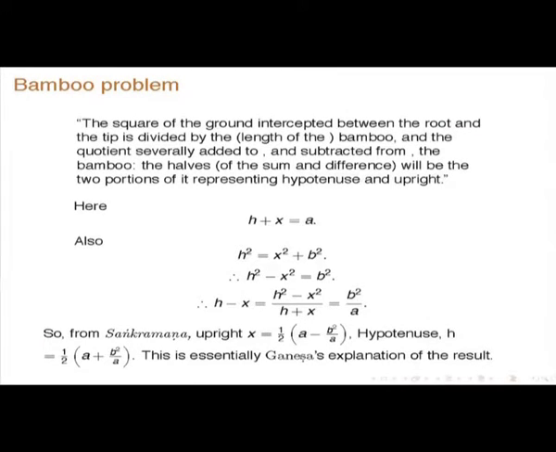So, h minus x is (h squared minus x squared) by (h plus x), that is equal to b squared by a. So, from Sankramana, h plus x is a and h minus x is b squared by a. So, the upright x is equal to half of (a minus b squared by a), and the hypotenuse h is half of (a plus b squared by a). So, this is essentially Ganesha's explanation of the result.